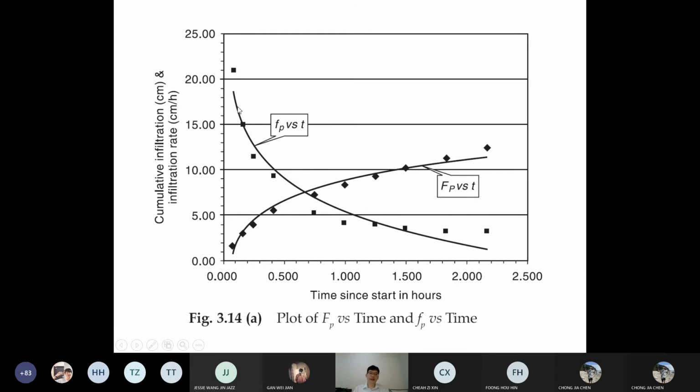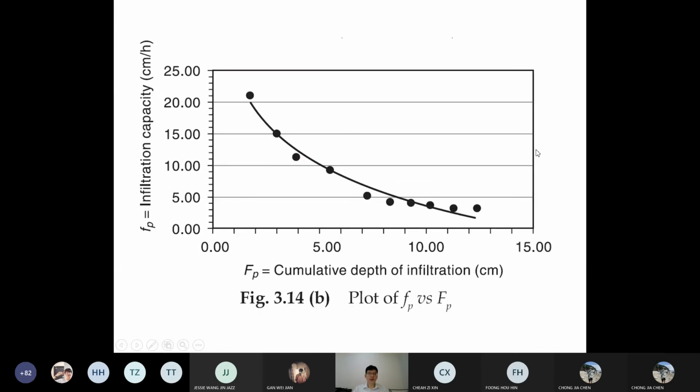I think using Excel maybe did not draw that well. And the cumulative infiltration, big F, keeps increasing. If you want to plot small fp versus big Fp, this is the curve we can see.